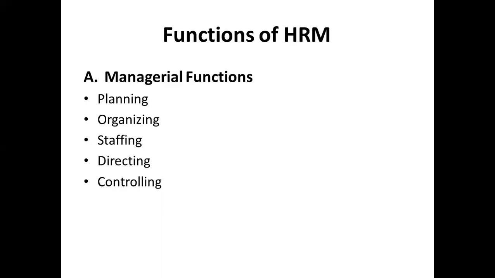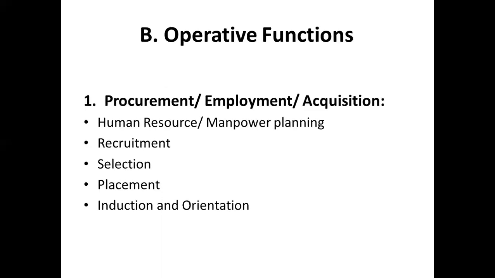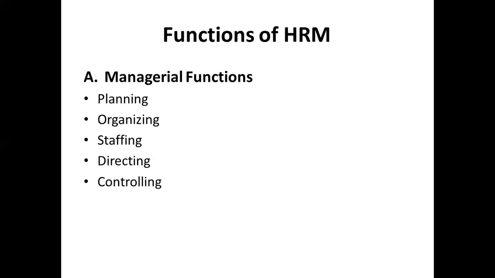What direction people are going to take to achieve those goals, that speaks about directing. And controlling. Controlling always speaks about matching your performance with the standards. In terms of HRM, employees need to meet the standards of the organization. You put in efforts and make sure that your employees meet the standards; that is controlling.